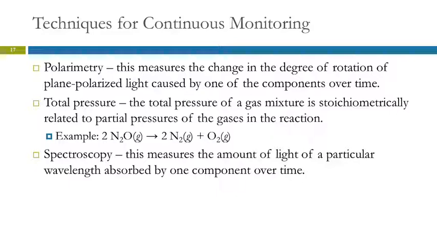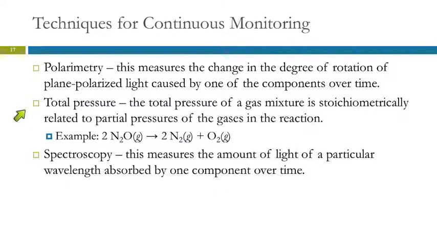Those sugars rotate light. And so you can get a good estimate of the concentration by looking at how much the light gets rotated. Obviously, you can't do that with everything. You have to have something that's going to rotate the light.